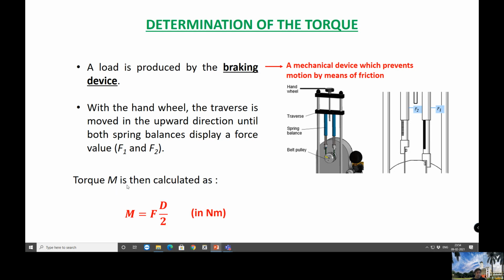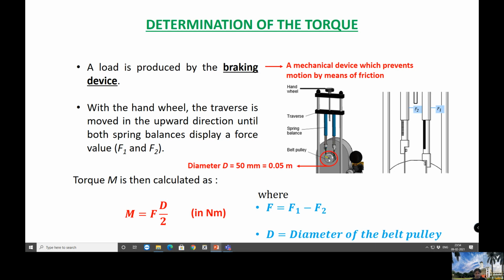So the torque M is calculated as F times D by 2, where F is the difference between F1 and F2, and D is the diameter of the belt pulley. This is the belt pulley, and in the experiment I think it is fixed. Here the diameter is 0.05 in this particular case.